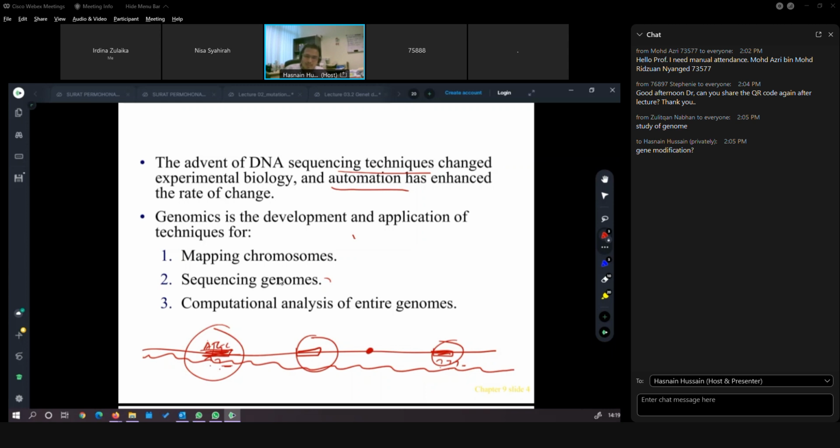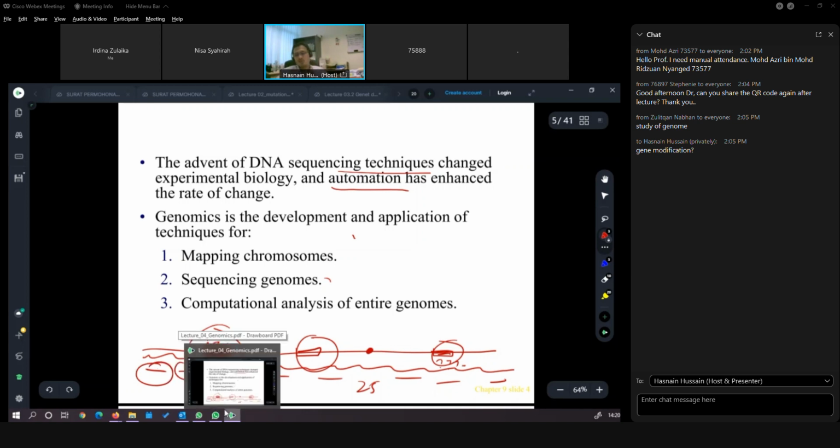Based on the program, you determine that, on this chromosome, there are actually several genes, for example 25 genes throughout the chromosome. Then you want to restudy each gene. So these are the processes of how genomics is studied.